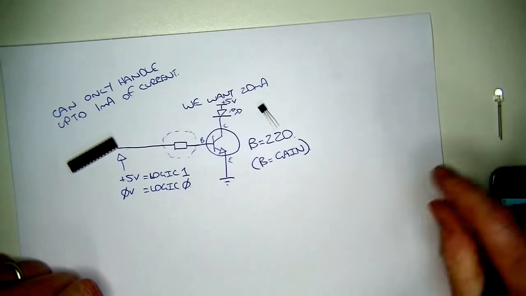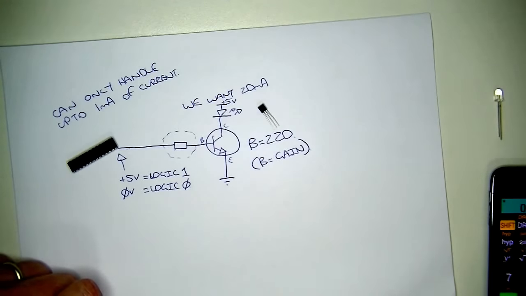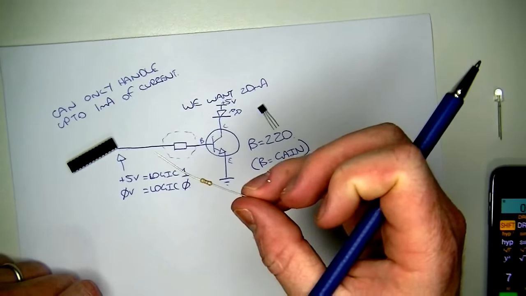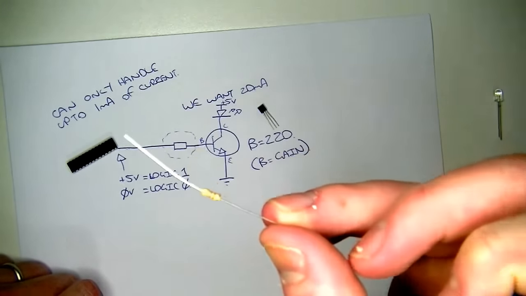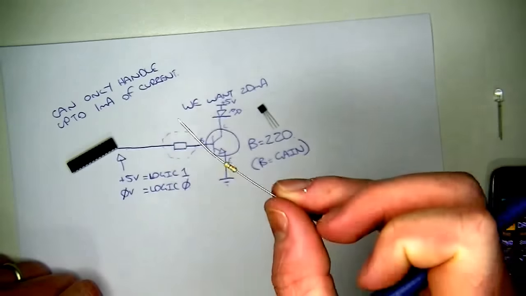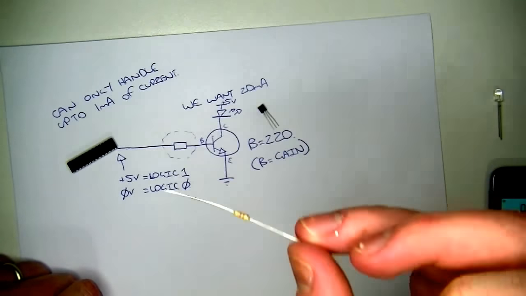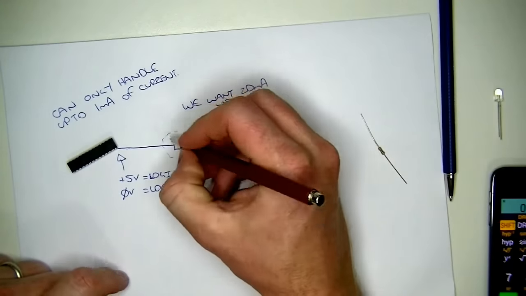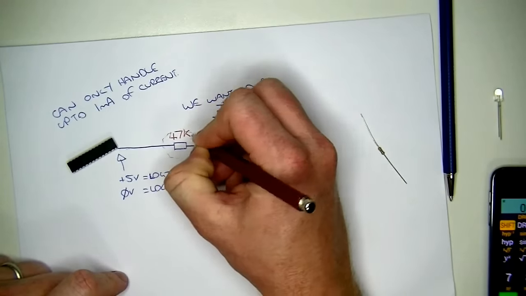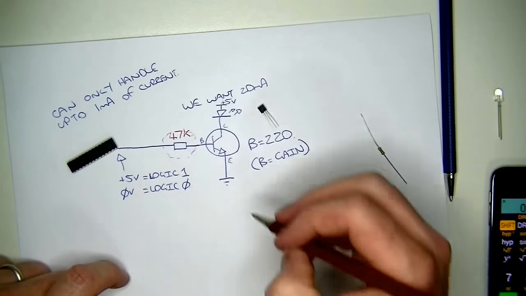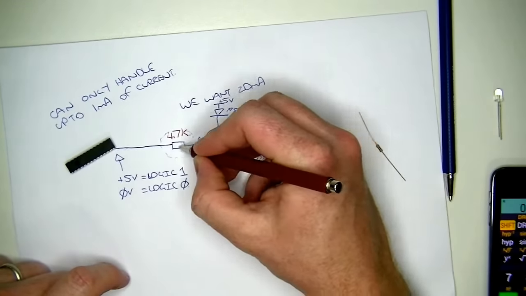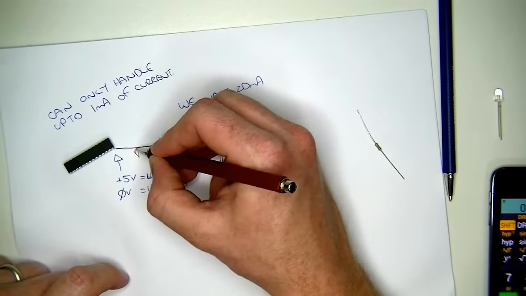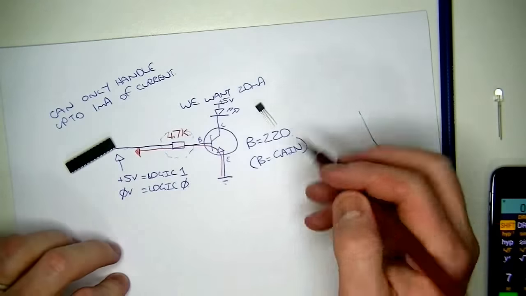So let's see, what have I got here? I've got a couple of resistors on hand. I've got a 47k resistor here. Let's do some calculations and see how much current this 47k resistor will give me. In order to figure out the current going through the base, we need a couple of things.